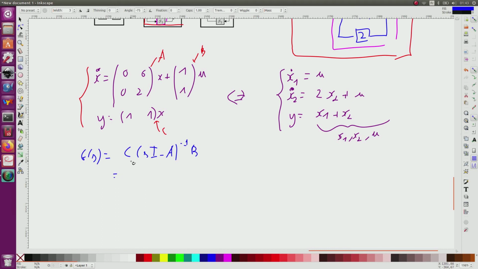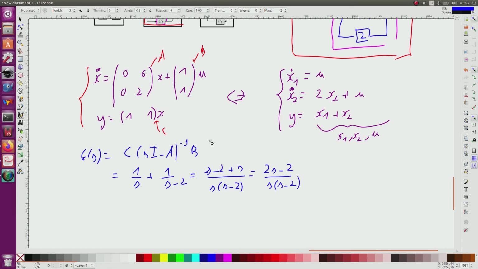And if I do the computation, I will obtain that it is equal to 1 over s plus s divided by s minus 2, which is also equal to s minus 2 plus s divided by s times s minus 2, which is equal to 2s minus 2 divided by s times s minus 2.